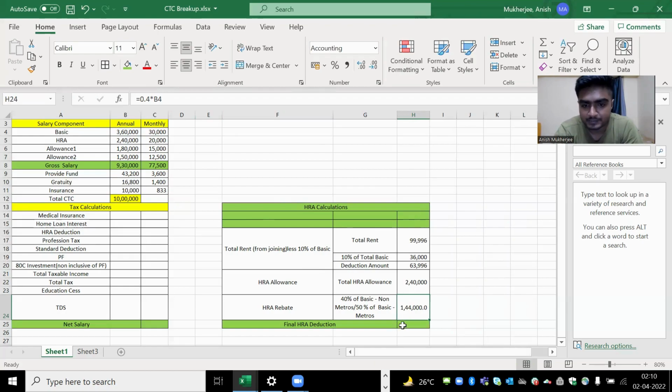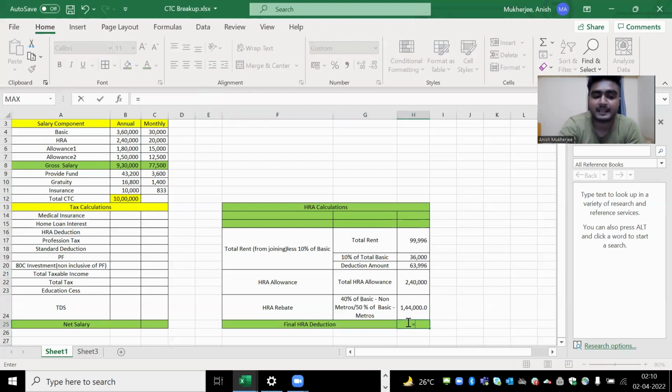So the final HRA deduction amount that you can claim will be deducted from your gross salary, and then we will calculate the TDS. You can do it by calculating the minimum of these three amounts.